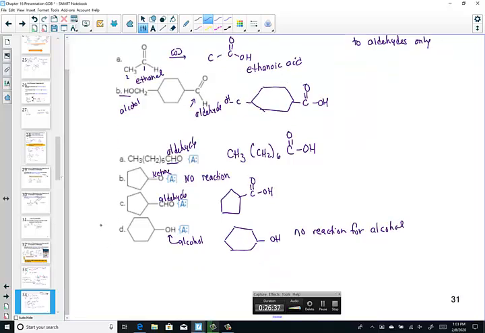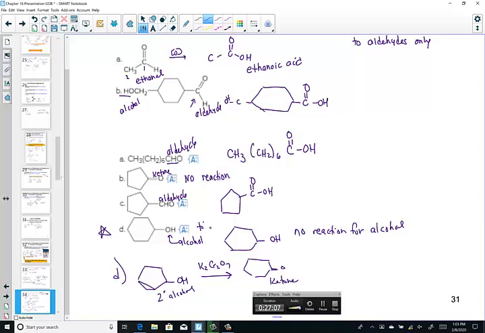I want to compare this. It's very clear. Letter D, if I had this on my arrow, that's a 6-membered ring, and I put potassium dichromate, this secondary alcohol would indeed oxidize, it's a 6-membered ring, into a ketone.